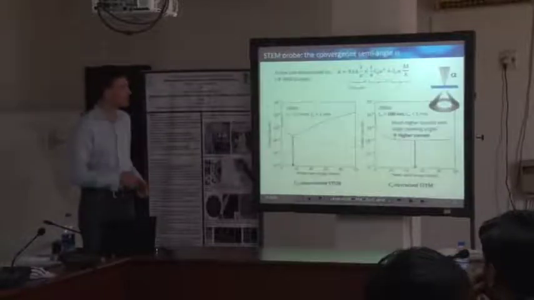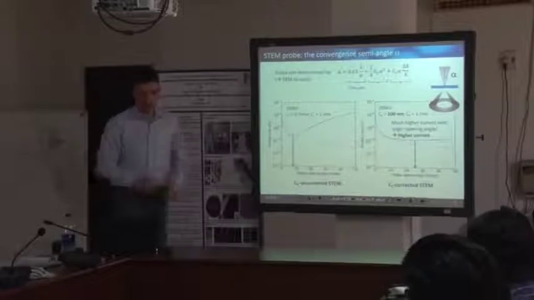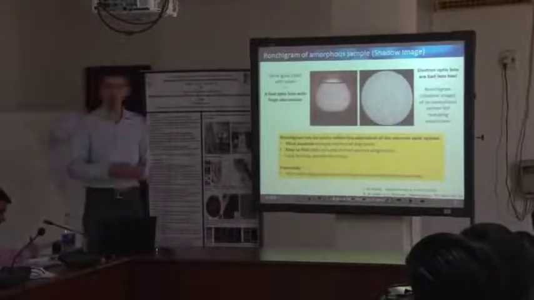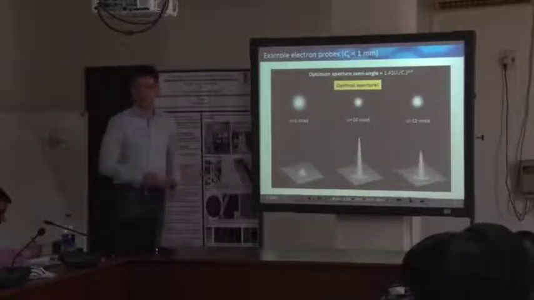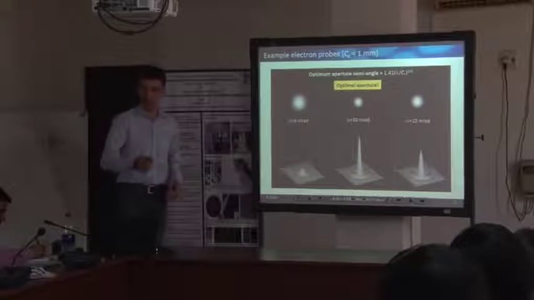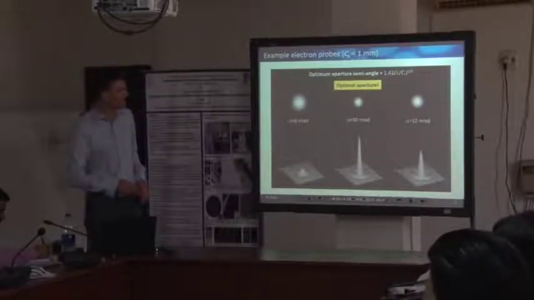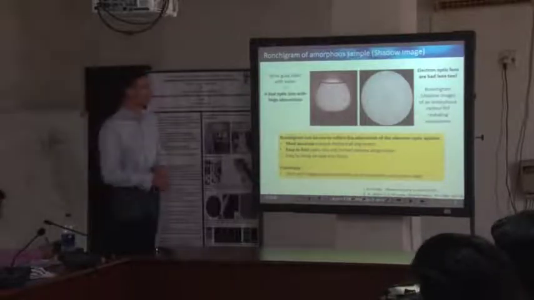In principle, it does not depend that much on the energy, because the energy is constant. If you don't rely on the best resolution of the microscope, but you need higher current for spectroscopy, I think you can always use a larger aperture. But in principle, just for imaging, there's one optimal.